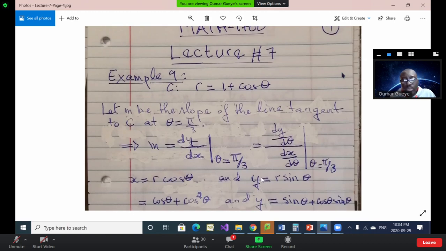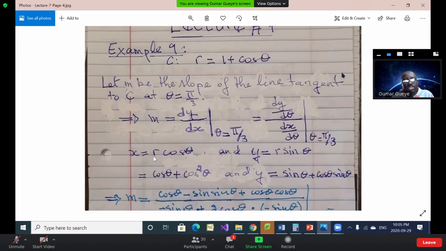Okay, so what we do know here is x is equal to r cosine of theta and y is equal to r sine of theta. And since r depends on theta, based on what you have here on the top, r is equal to 1 plus cosine theta, we have to substitute r by its value in both equations.